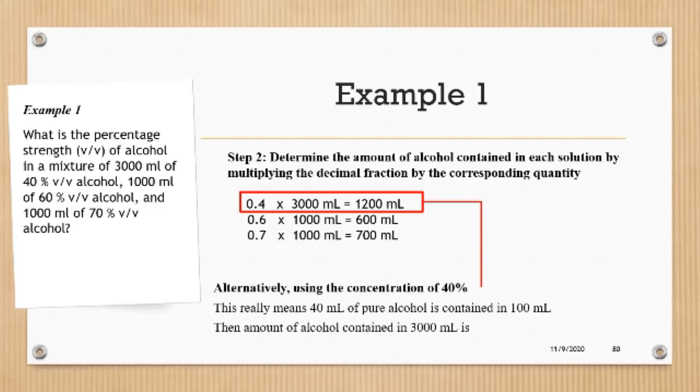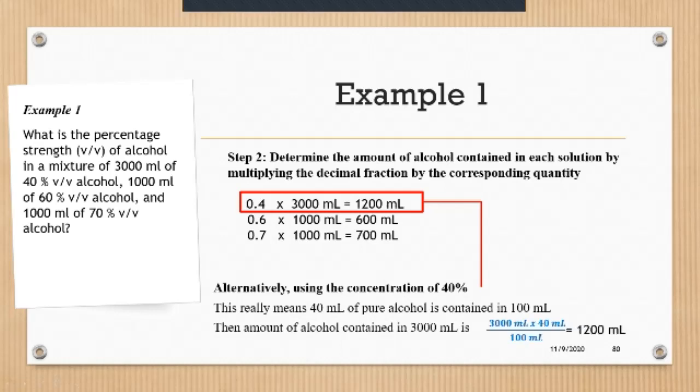So if you have a 40% alcohol solution, it means that 40 mils of pure alcohol is contained in every 100 mil of that solution. You have 3,000 mils of that solution, so you can easily determine that the volume of alcohol would be 1,200 mils. So that's basically what that is saying, but this is just an easier way of doing it. So you can do it either way.